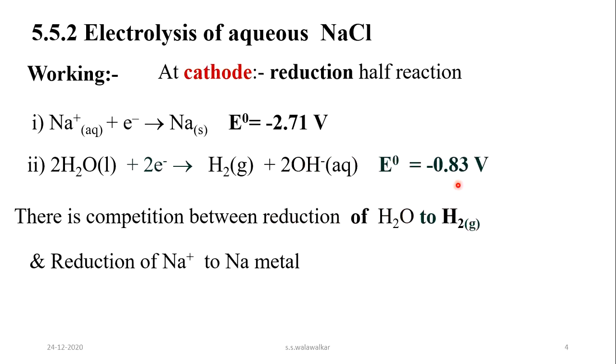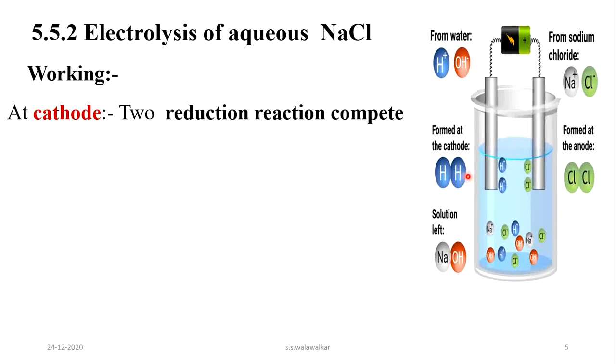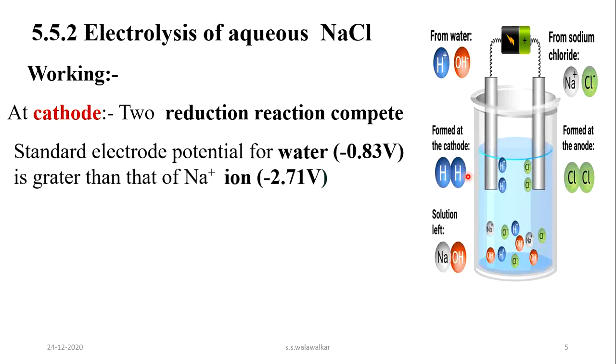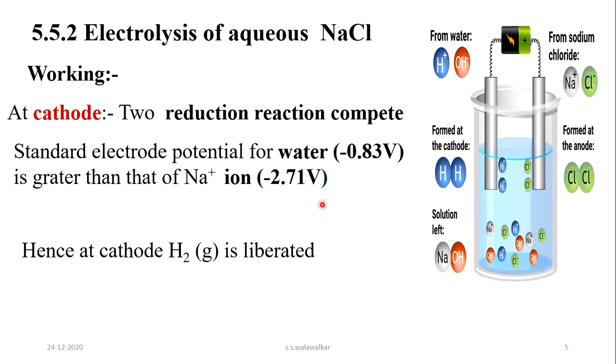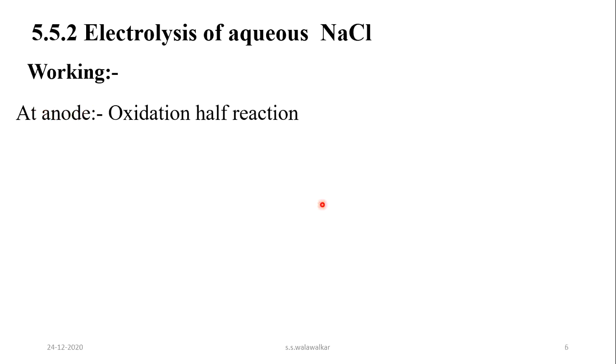Reduction of water to hydrogen, as it is higher. The standard electrode potential of water to hydrogen gas is minus 0.83 volt, which is greater than that of the sodium ion, minus 2.71 volt. Hence at the cathode, hydrogen gas is liberated.